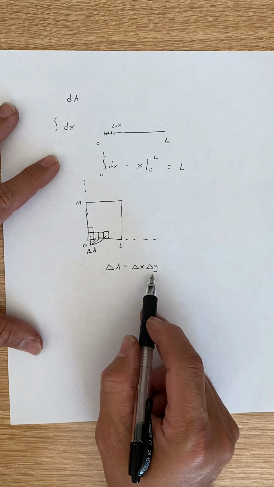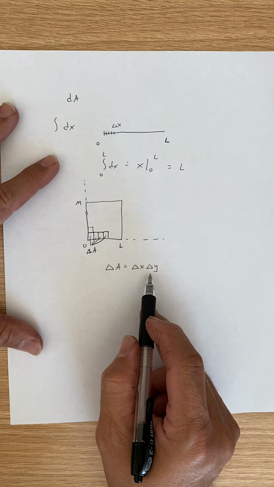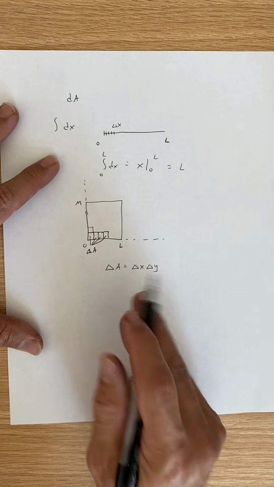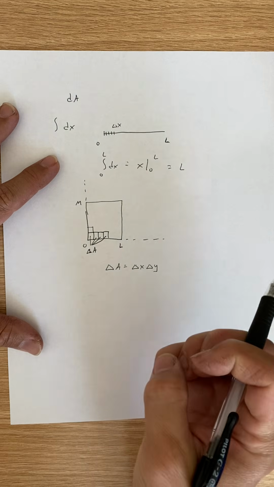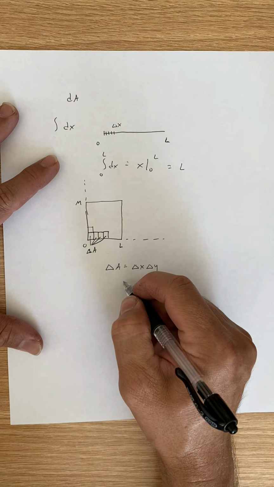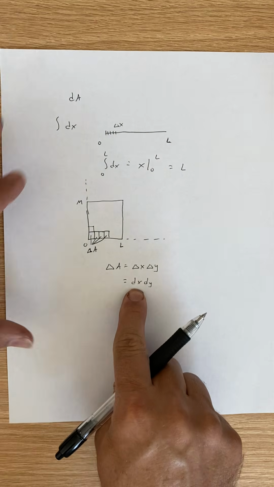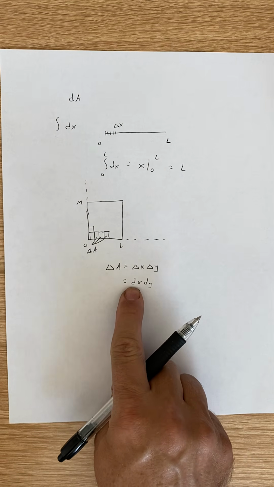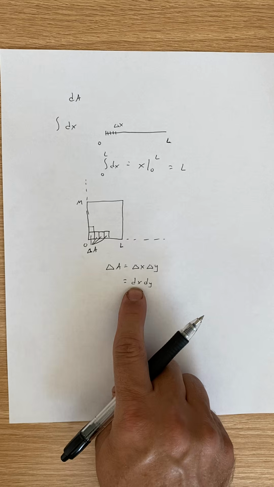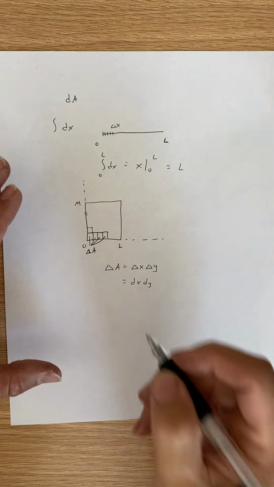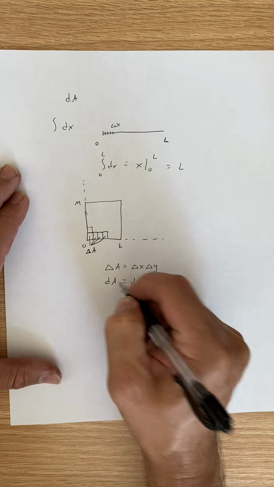They have units of meters, and so when I multiply them together, I get units of meters squared, which means this is an area. Okay, well, let all of these shrink down to differentials. I get on the right-hand side dx dy. This is still a differential length. It still has a unit of meters with each of these differentials. Put them together, I get meters squared, which means on the left-hand side, I have let this shrink down to some dA.